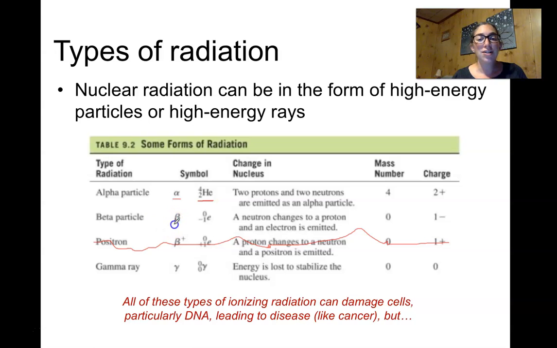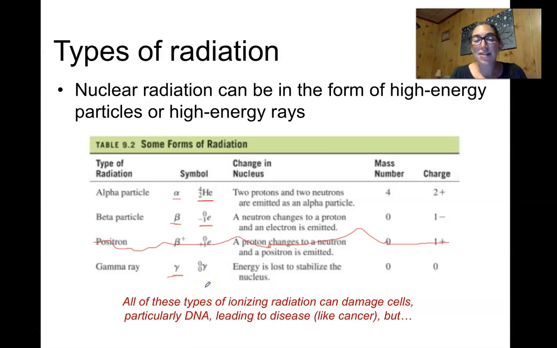Beta radiation is the second kind, and that's the Greek letter beta, like a fancy cursive B. What happens in beta radiation is a little complicated, and I'll explain it on another slide. But this is the symbol that we use for beta radiation. And then gamma radiation is indicated by the Greek letter gamma, and there are actually no particles associated with it.